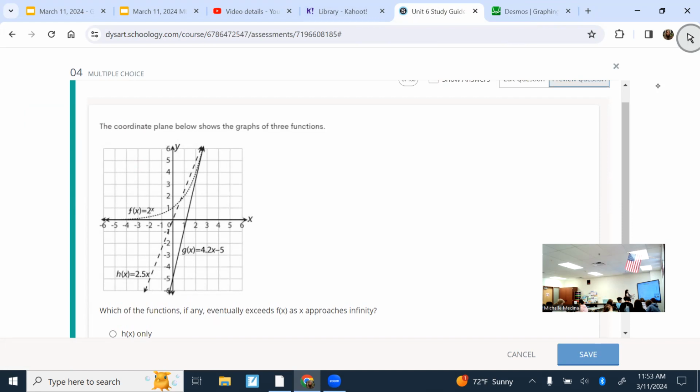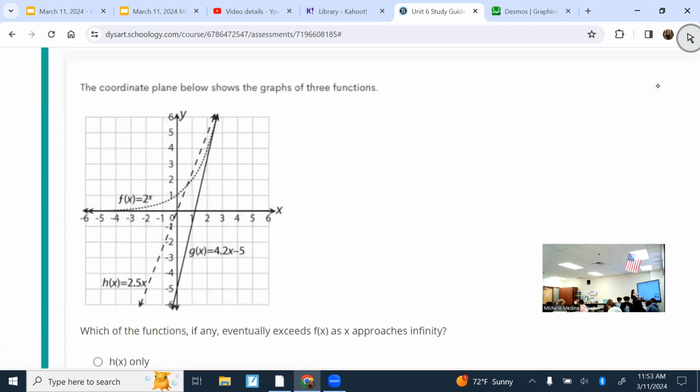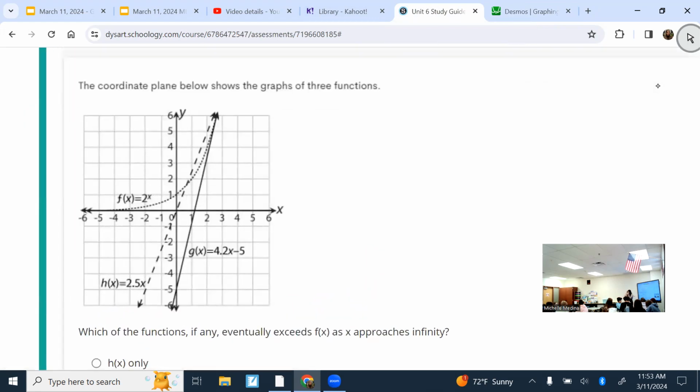F of x is what type of function? Based on how it looks or its equation is probably the best way to tell. It's exponential, f of x, because that's the one where the variable is the exponent.